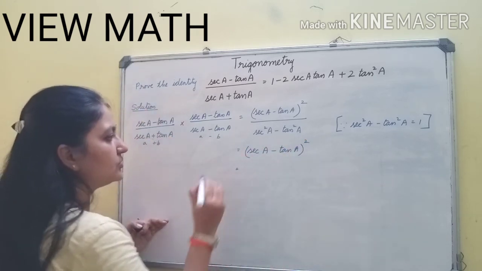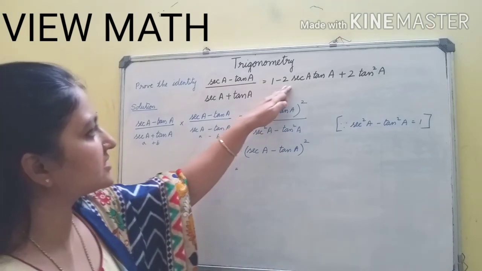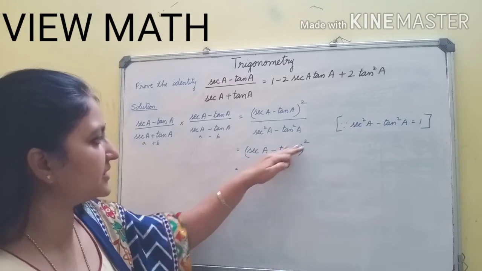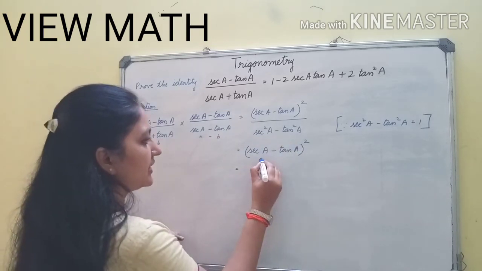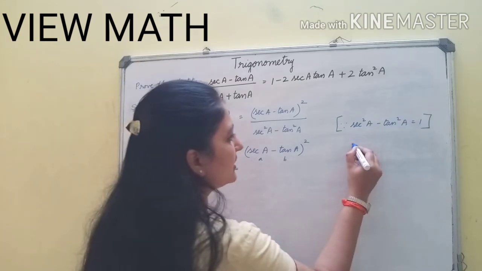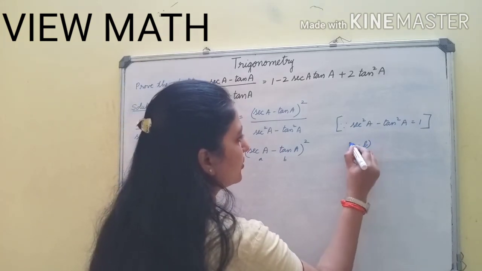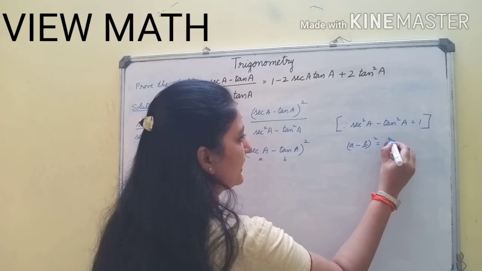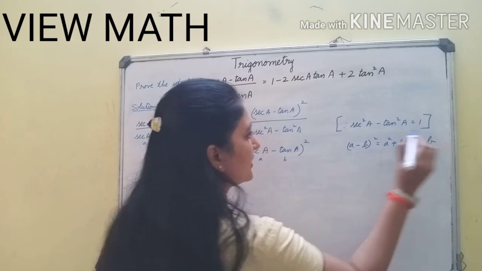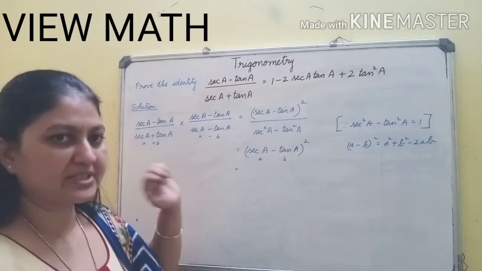I have to get in this form, so I am going to expand this, that is A minus B the whole square. This is your A and this is your B. What is the formula? A minus B the whole square is equal to A square plus B square minus 2AB. So I am going to use this formula to expand this.